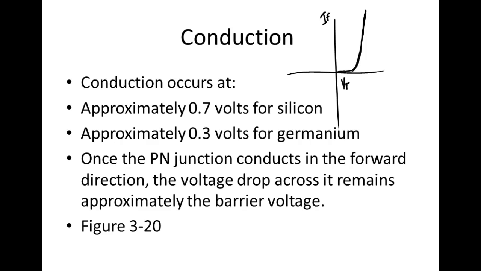When I draw mine, I start off with just a tiny bit of current, and then when it hits this, we call this the knee, by the way. Why do we call that the knee? Because it looks like a knee. As soon as it hits that knee, it starts conducting a lot, and then the voltage drop across it varies a small bit depending on the current.